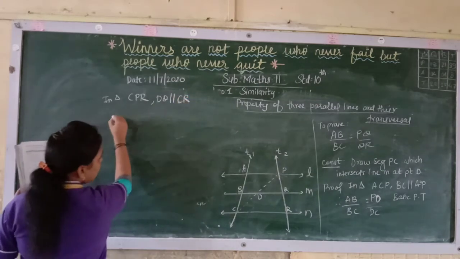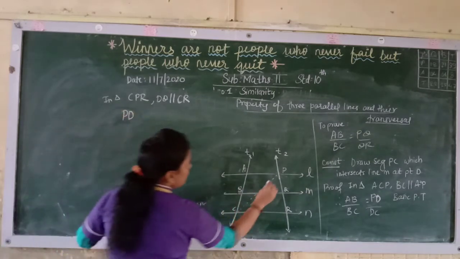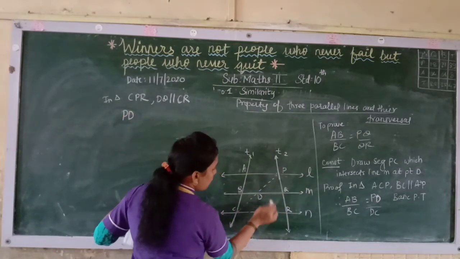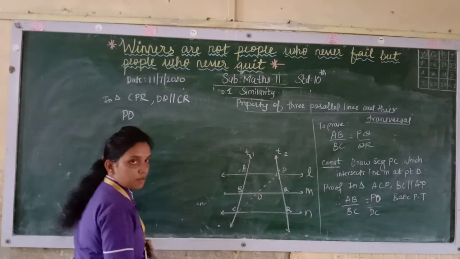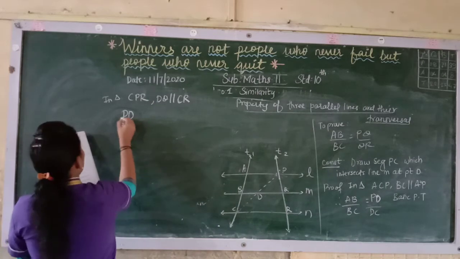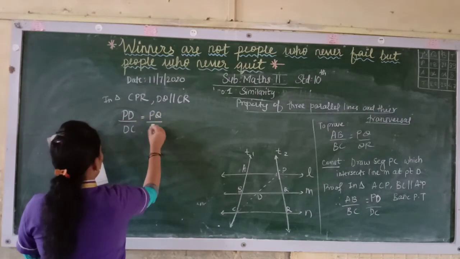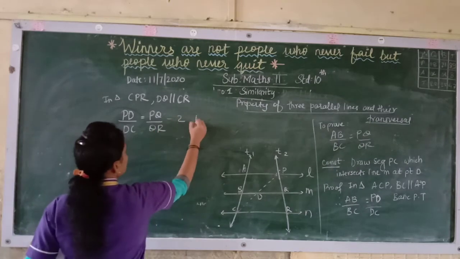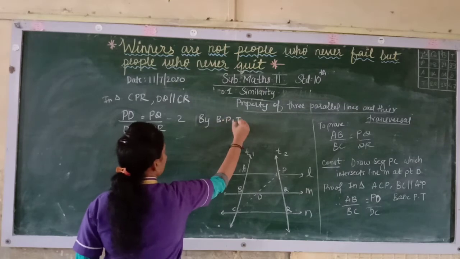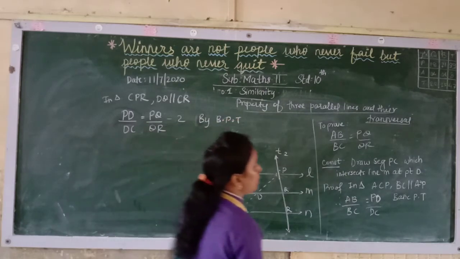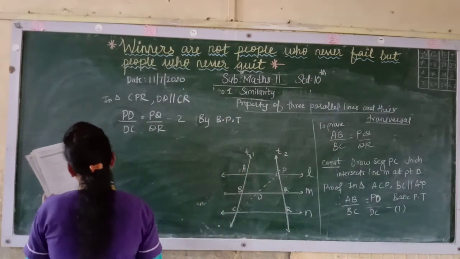See here, in this triangle, these two are parallel, so PD upon DC is equal to PQ upon QR by the basic proportionality theorem. Write the reason in full form, by basic proportionality theorem, and give the first one the name 1 and this one the name 2.